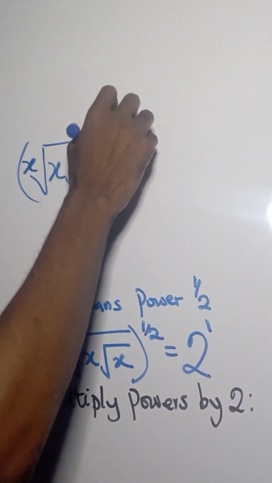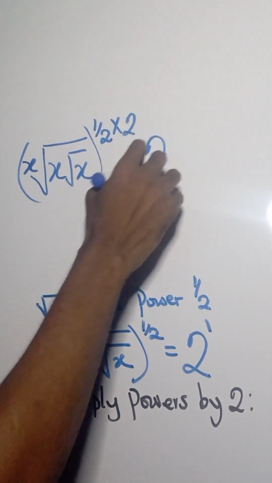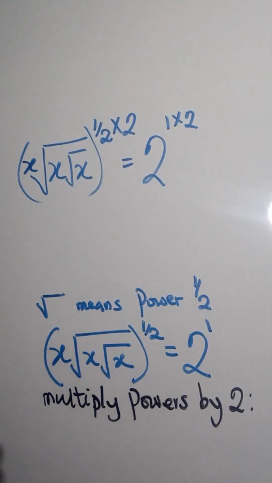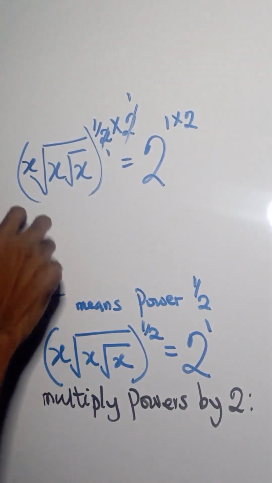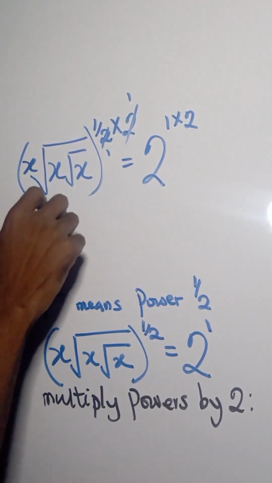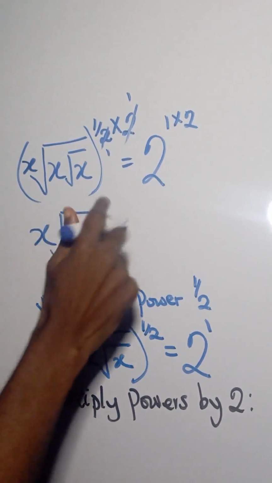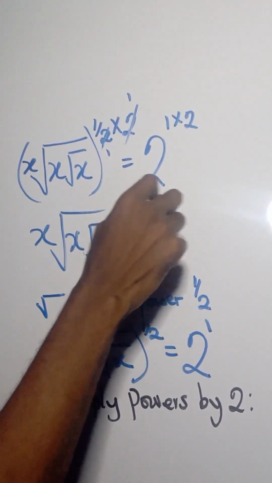I'm going to multiply by 2, and 2 raised to power 1, we are going to multiply by 2. So if we do that, this will cancel this, 1, 1. So we are left with x square root x square root x is equal to 2 raised to power 2.